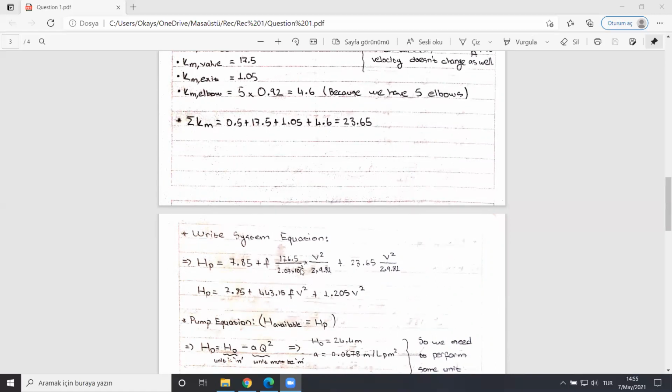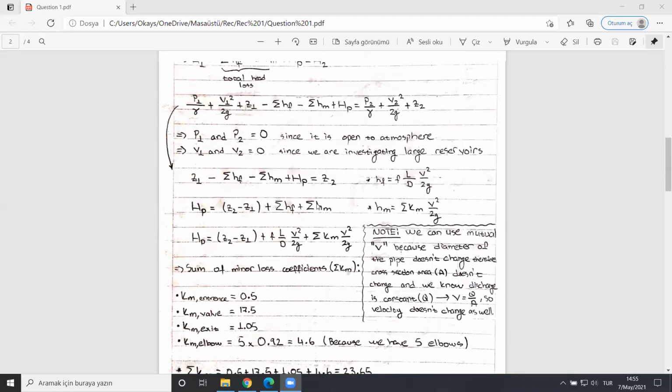So when you do these calculations, because I want to simplify this equation, at the end we get pump head will be equal to 10.85 plus 443.15 fV squared plus 1.205 V squared. We will call this system equation because it comes from the energy equation.